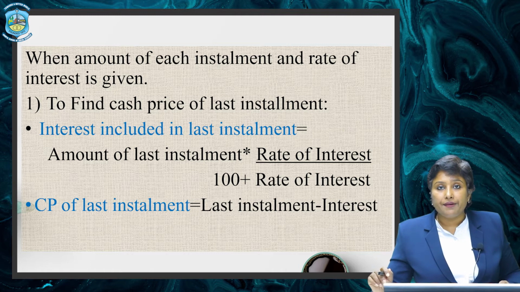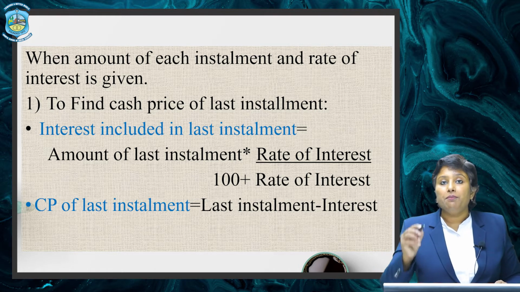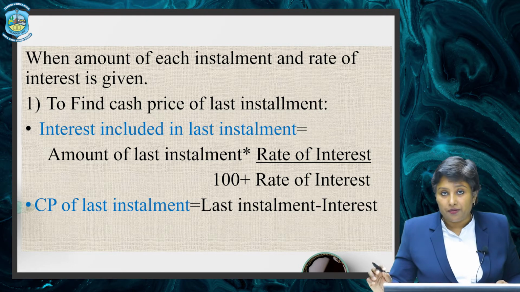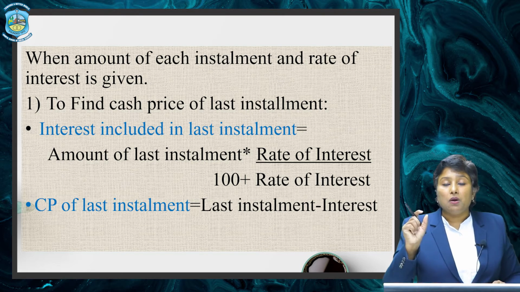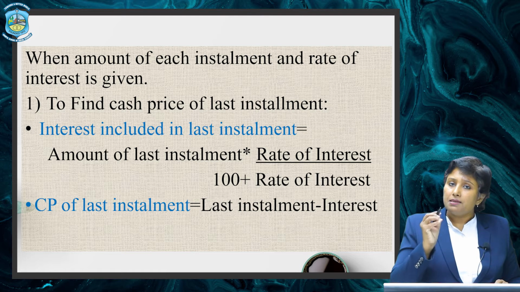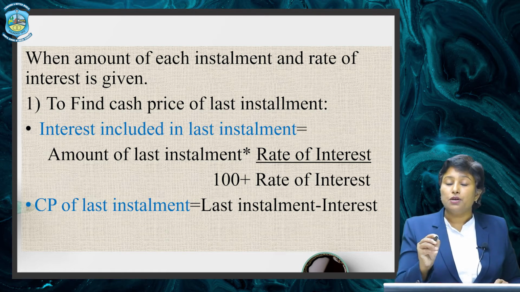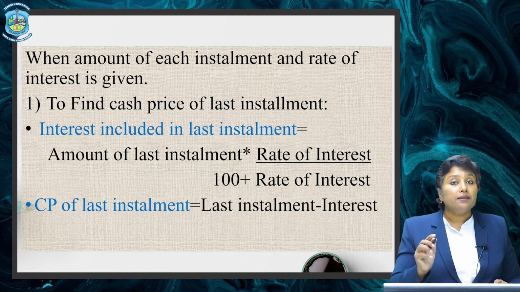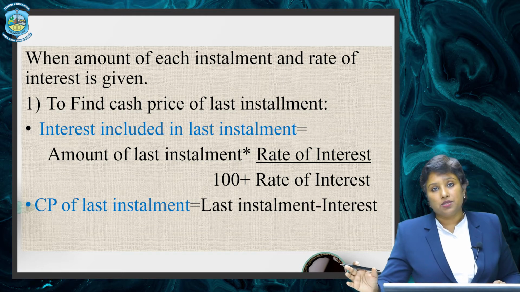If 5% is the rate of interest, then it will be multiplied by 5 upon 105. This is going to give you the amount of interest included in the last installment. Okay, now simply deduct this interest from the last installment to get the cash price included in the last installment.